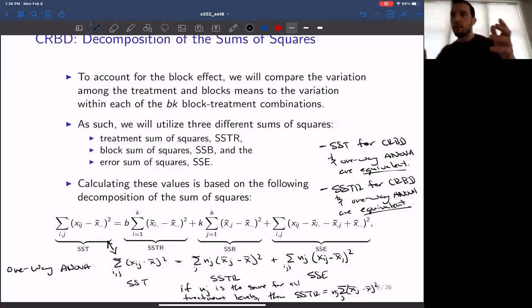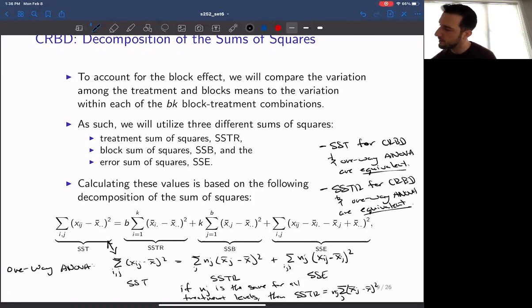So when we look at the decompositions of the sum of squares, you have the exact same SST for the CRBD and for the one-way ANOVA. You have the exact same SSTR for the CRBD and for the one-way ANOVA. So the only thing that is changing is that SSE from one-way ANOVA is now being split into two terms, the SS block and the SSE from the CRBD.